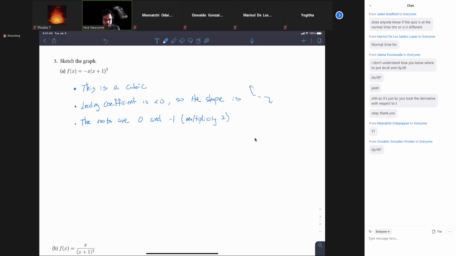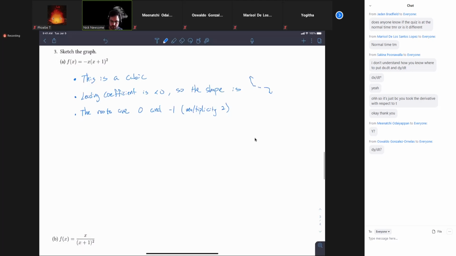So again, if we remember our algebra, multiplicity 1 means that the graph crosses the x-axis at that point, and a multiplicity 2 means that the graph touches the x-axis at that point.